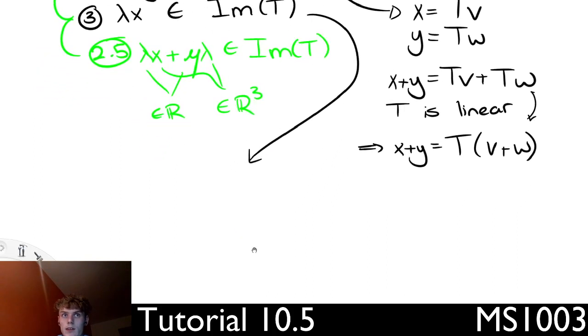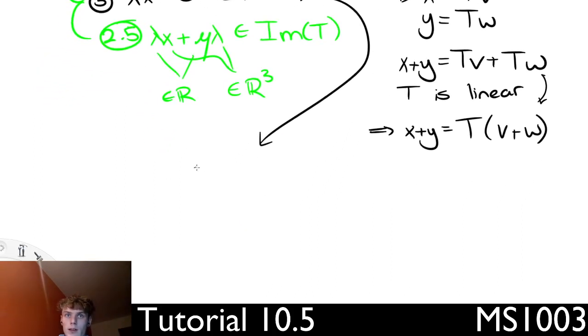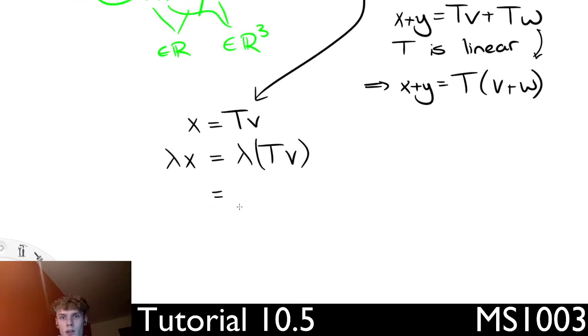And then the last part is going to be lambda times x. Well, I know x is in the image of t. So x is tv. What about lambda x? Well, I just multiply by lambda on both sides. But t is linear, so I can bring constants. T being linear means if I have t of lambda v, I can always bring a scalar outside of the map.